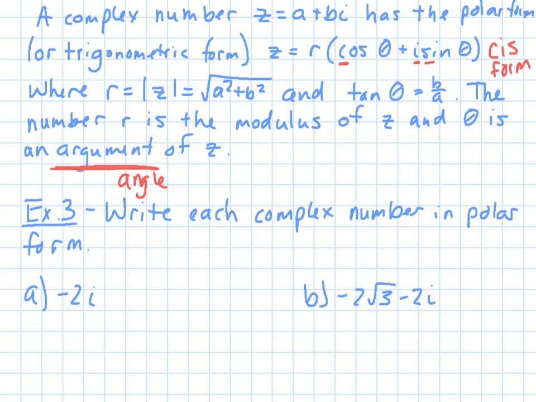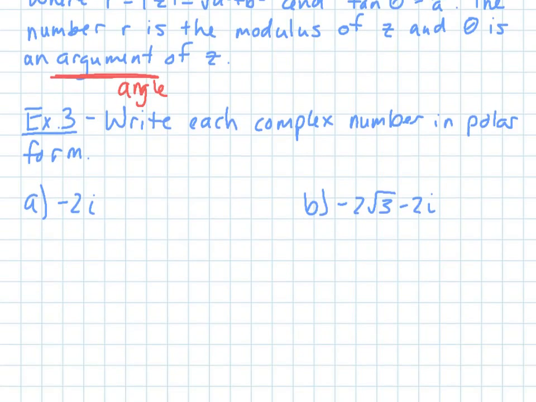Example 3 says that they want us to put each complex number in polar form. To do that, it would be helpful to map where these are on the graph. You don't have to do a really special one, just generally. So negative 2 would be down on the imaginary axis because your real value is 0. Then I would go all the way over to get to that point.